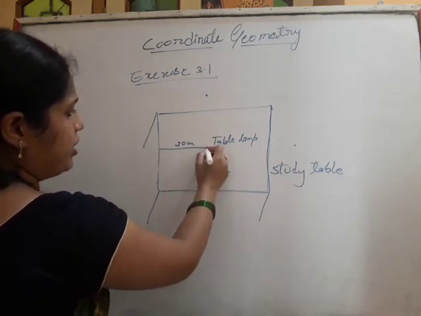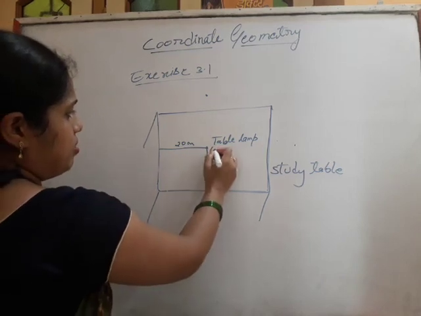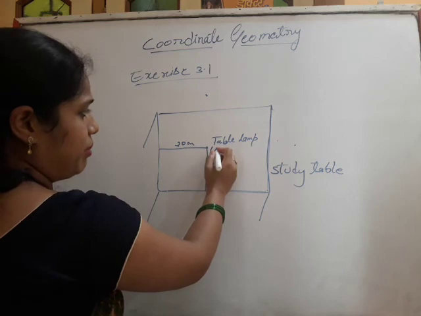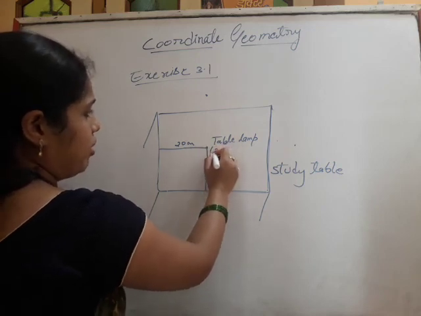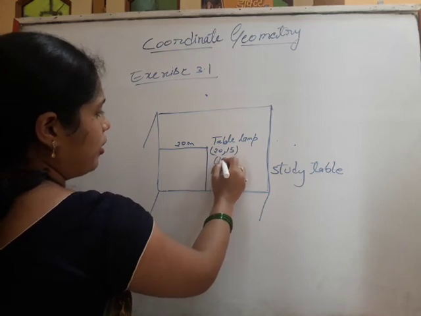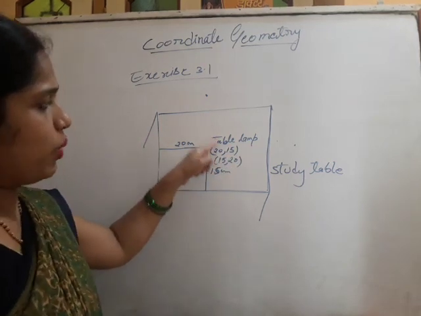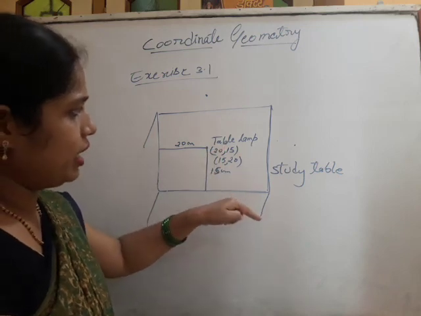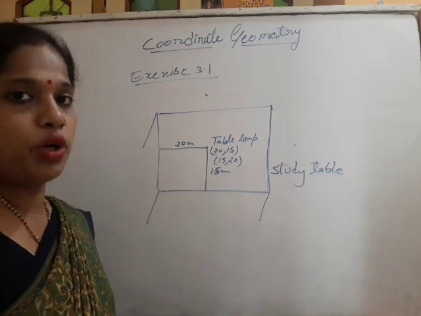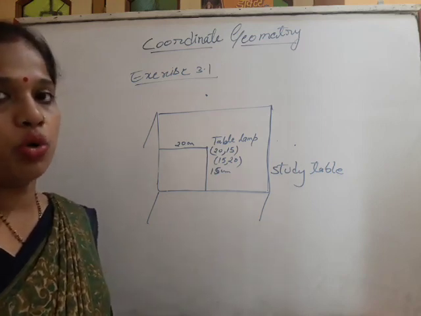If so, the position of the table lamp on the table can be 20-15 or 15-20. Why am I writing 20-15 and 15-20? We will discuss this in our next video, which will deal with exercise 3.2. Thank you.